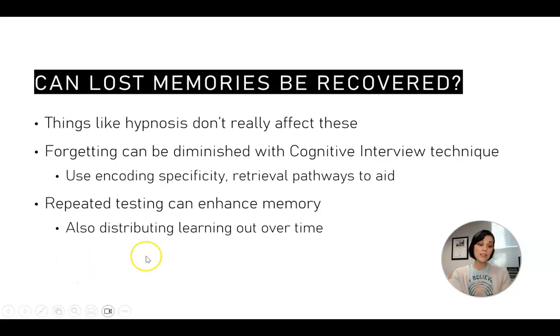So basically, what you're doing when you use the cognitive interview technique, when you're recalling from multiple perspectives and with multiple orders and recalling as many details as possible, even when you don't think they're important, you are capitalizing on the encoding specificity principle. We know that retrieval is going to be better when the context of retrieval matches the context of encoding. Additionally, that context reinstatement is going to be the biggest thing for the cognitive interview technique.